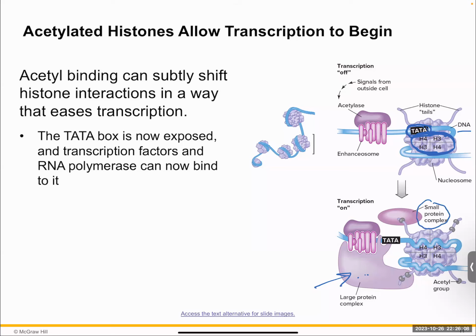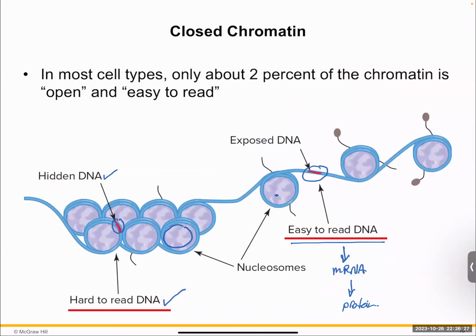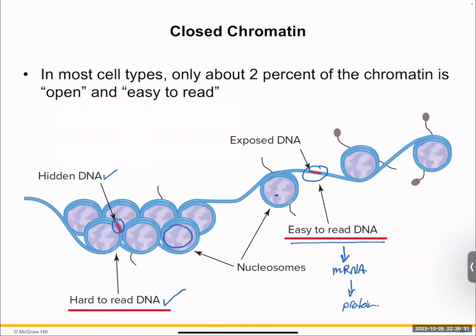That shifts the histone, that moves the histone, which makes the TATA box available. And as a result, you are turning on the process of transcription by allowing the RNA polymerase to attach to it. So that's how acetylation works. The same aspects also apply if we're looking at the addition of phosphate or removal of methyls.